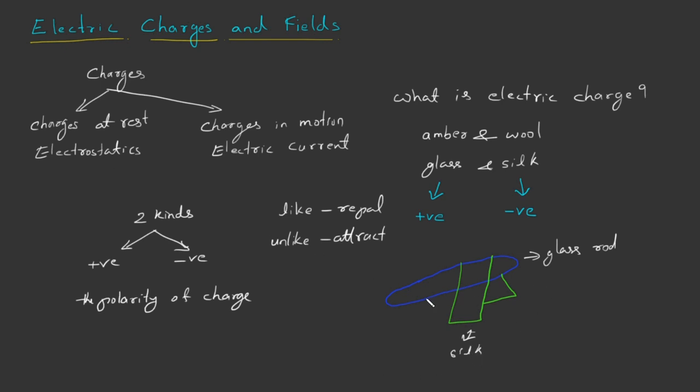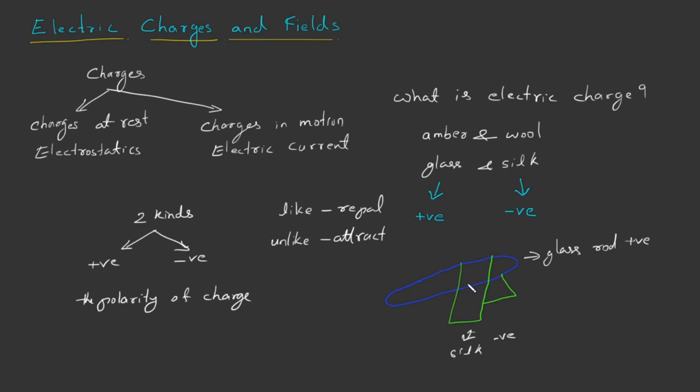When the glass rod is rubbed with silk, free electrons from the glass rod move to the silk, making the silk negative and the glass rod positive.